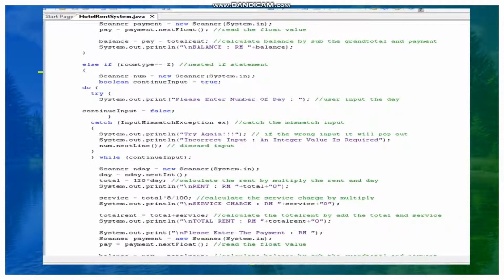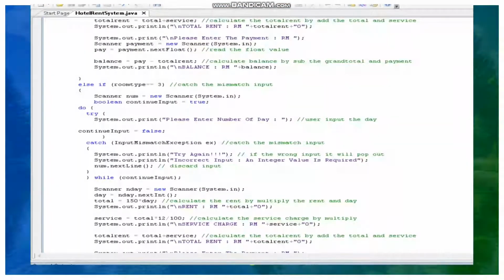System.out.print, and here we have to add please enter the payment, for example payment, then it will read the float value. These are the total rent.